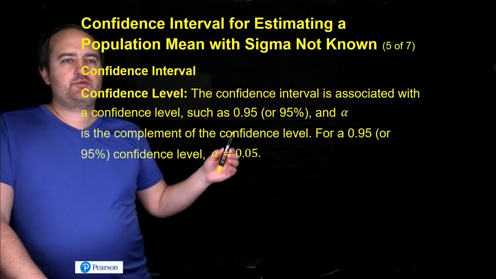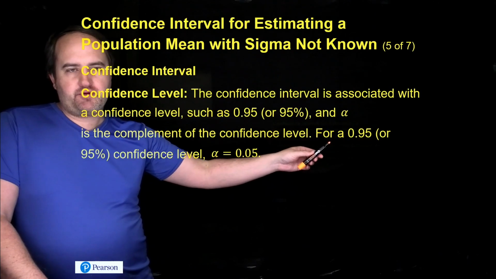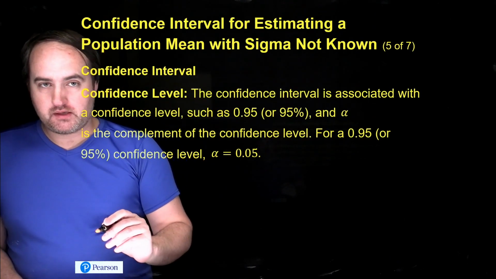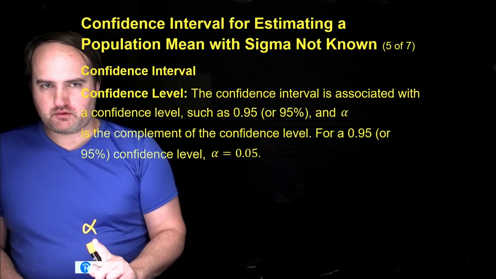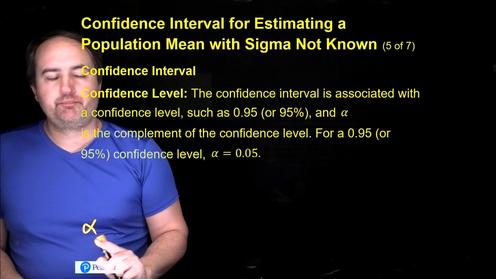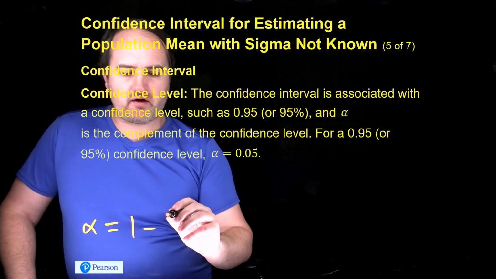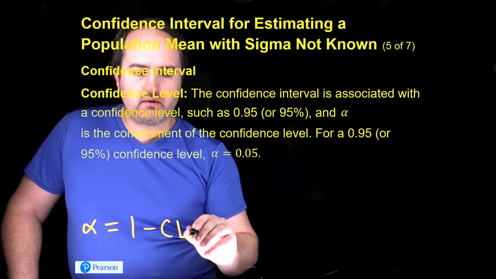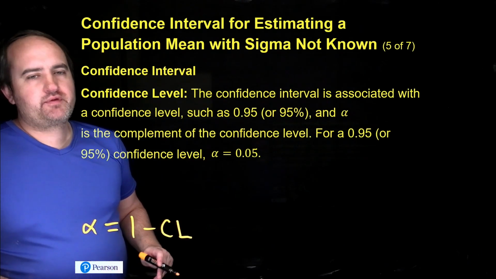Okay, so if you have a confidence level of 0.95, how do you get alpha? Well, the formula is just alpha. It looks like a little fish or sort of like a lowercase a, but it's the Greek letter alpha. Alpha equals 1 minus our confidence level.